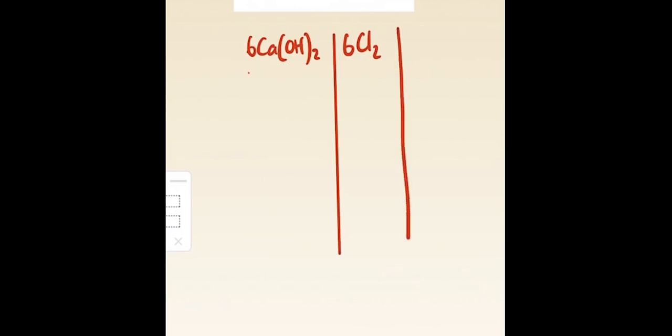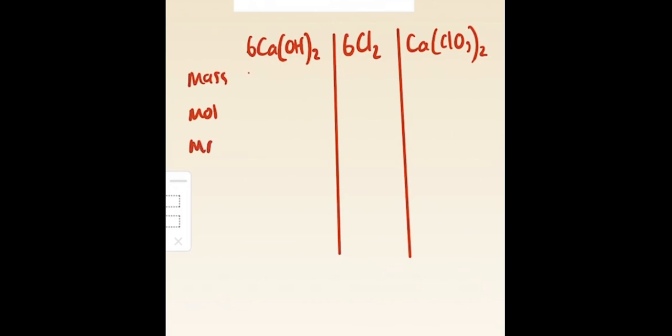Let's say we've got 6 calcium hydroxides. We've got 6 chlorides, or chlorines, sorry. And we've got 1 calcium chlorate. So we know that we've got grams here, so we know we're going to need our mass, mole, MR triangle.